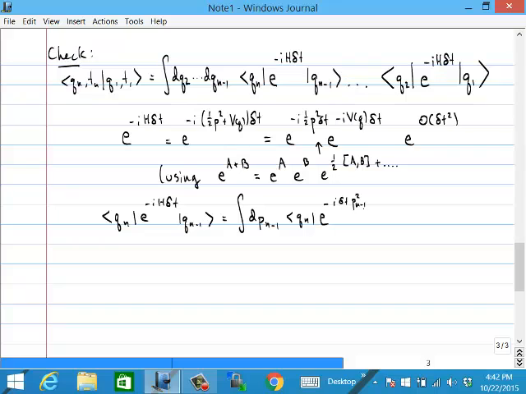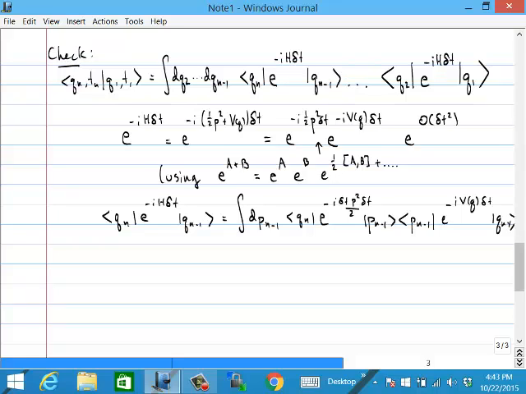So I have a qn, e to the minus i delta t, p squared over 2, times pn minus 1. And then you have pn minus 1 times e to the minus i V of q, sorry, and there's delta t's everywhere that I left out, delta t times qn minus 1.